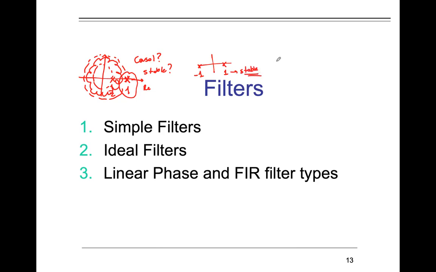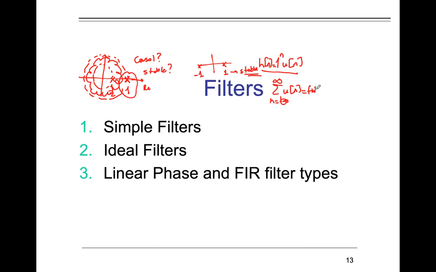Why? Look now, if my h of n is 1 to the power n u[n], is this a stable system? How do you check that? If you add u[n] from 0 to infinity, will you have a finite value?